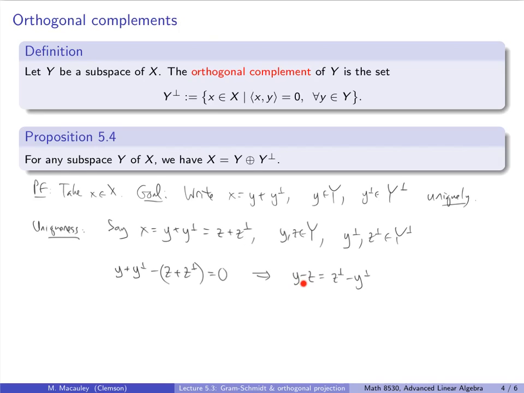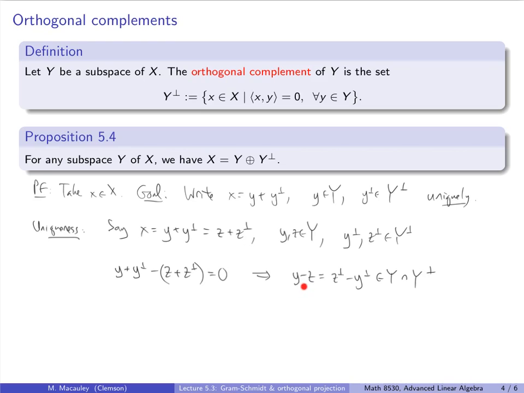Now y minus z is clearly in Y, and z perp minus y perp is in Y perp, because these are both subspaces. So this is in Y intersect Y perp. I claim that these two subspaces intersect trivially. In other words, this has to be 0 and that has to be 0.